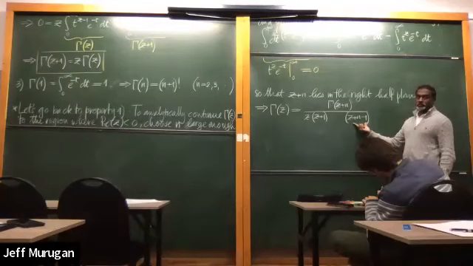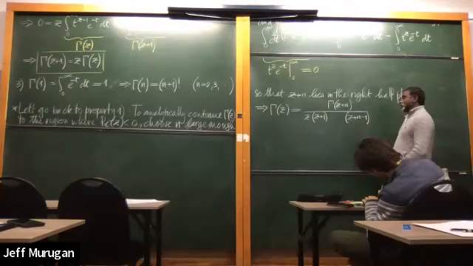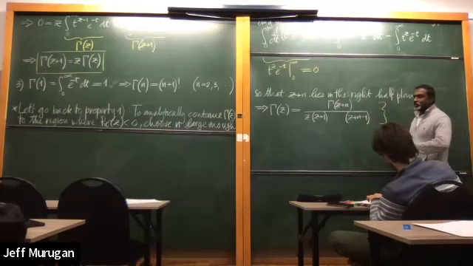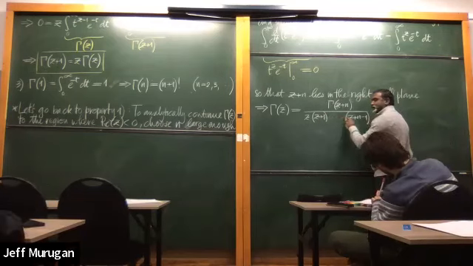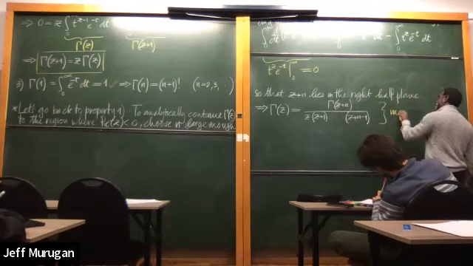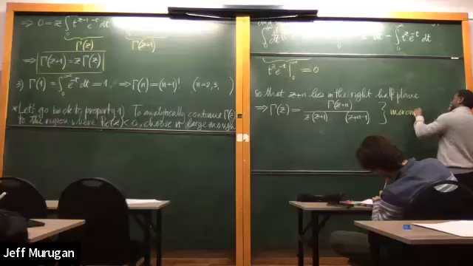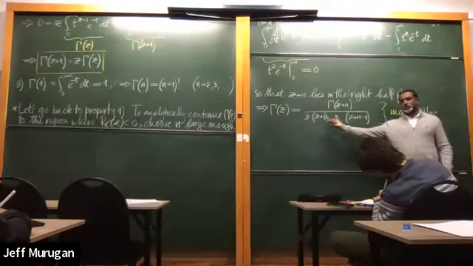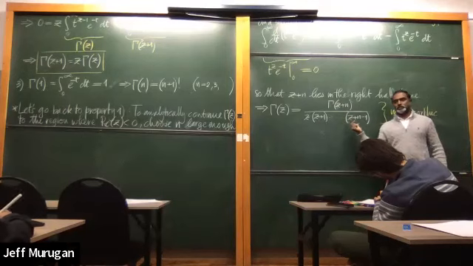Okay. So this function here is analytic everywhere except where the denominator vanishes. In other words, it's a meromorphic function, because it has simple poles at each of those points.